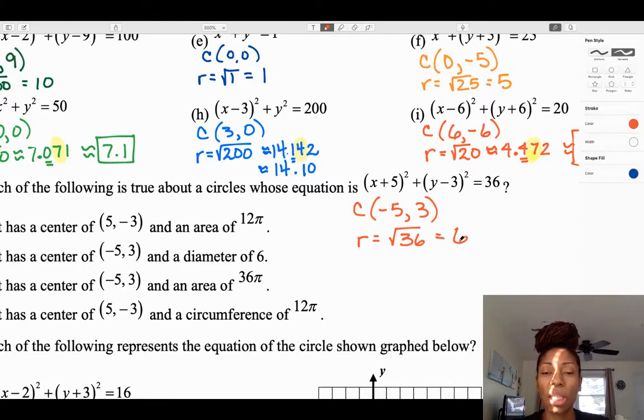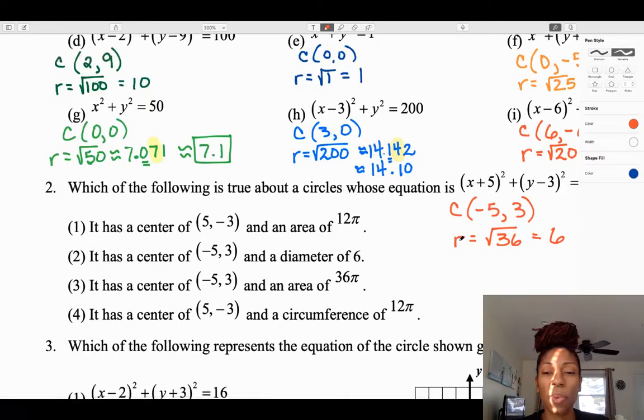So let's go see which one of these says what I'm looking for. It's not choice 1. It's either choice 2 or 3. And it's not choice 3 because they have the wrong radius. And this is choice 2.